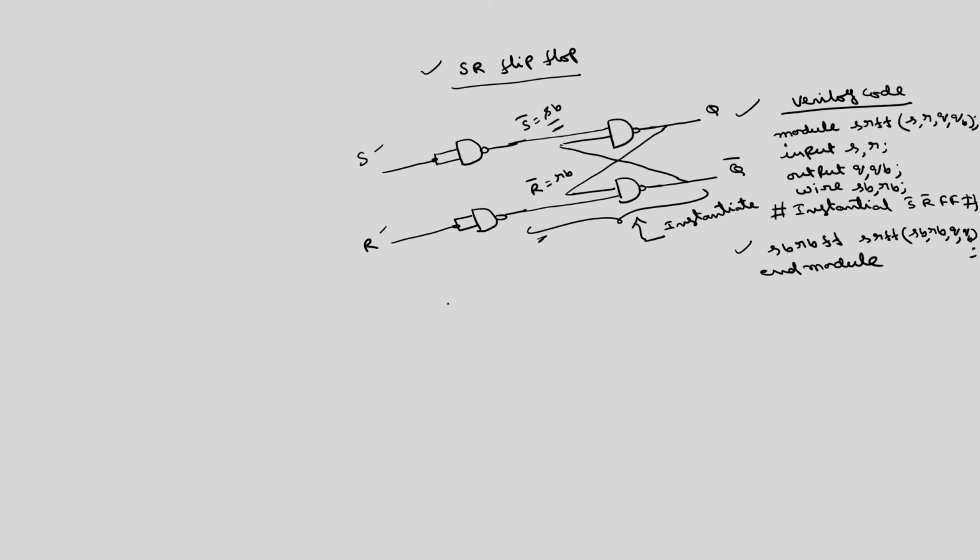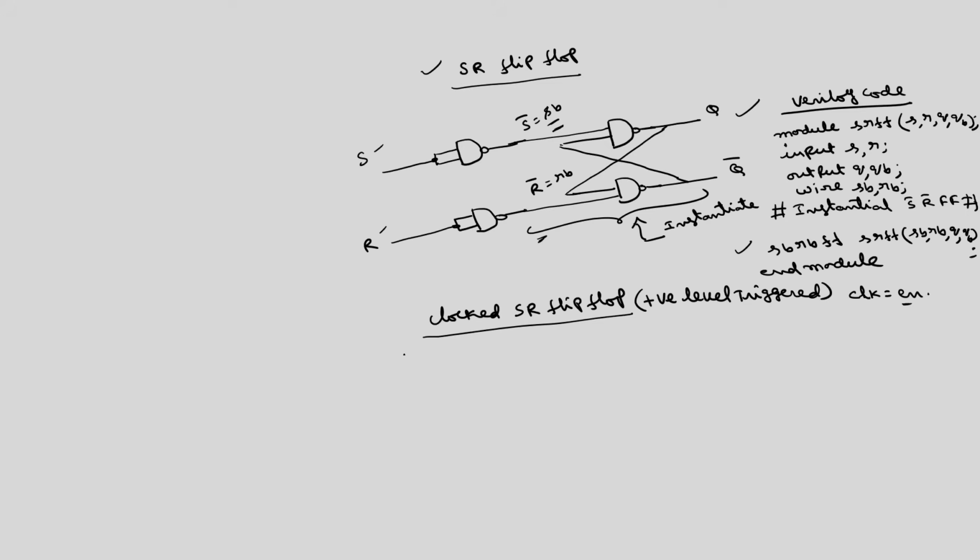Now, another step is enabled SR flip flop or clocked SR flip flop. This clock we are calling a positive level triggered. You can also call the clock an enable signal here. If enable is equal to 1, the circuit will be enabled.